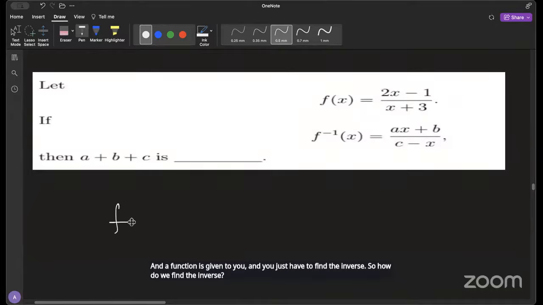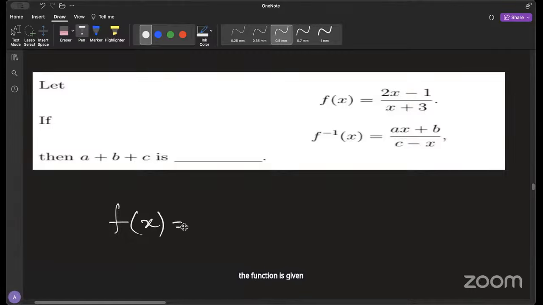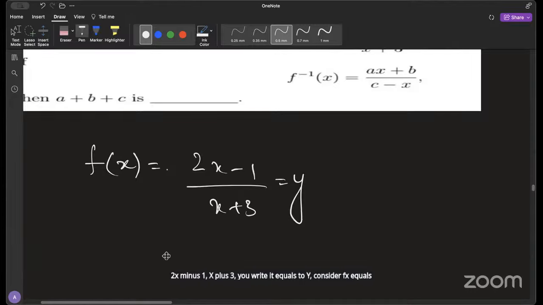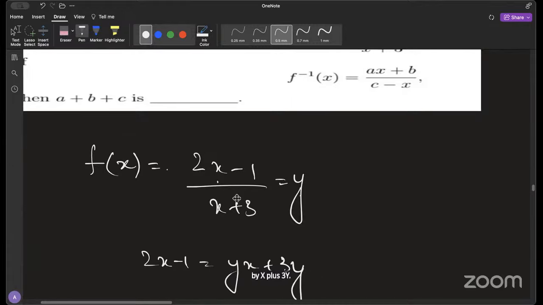If the function is given, f(x) equals (2x minus 1) by (x plus 3), you write it equal to y, replace f(x) with y, and then write x in terms of y. Now you have y in terms of x, you need x in terms of y. So this becomes 2x minus 1 equals yx plus 3y.